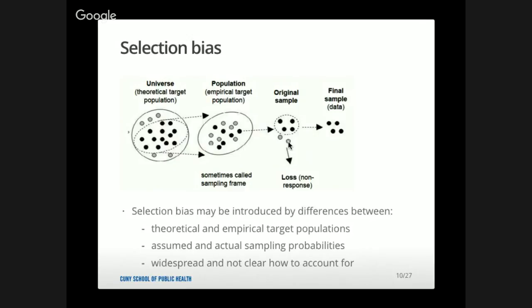So if you see some kind of a pattern like that, you could suspect that you're having an underrepresentation of older or less healthy people. It's a very common bias in health studies that people who are healthy and interested in their health are more likely to participate in health studies.